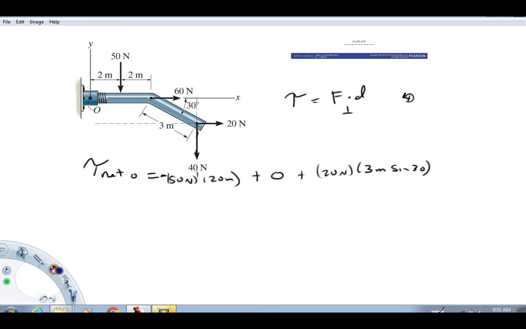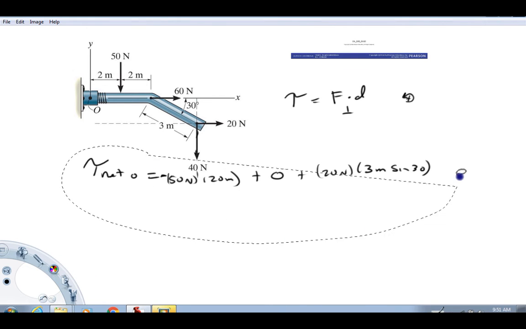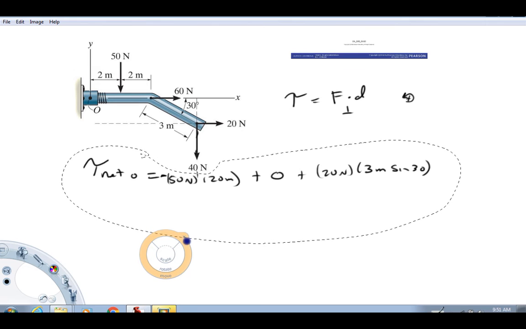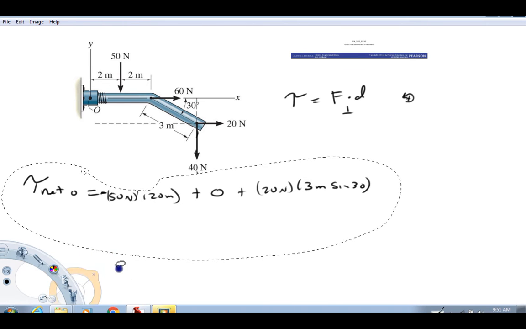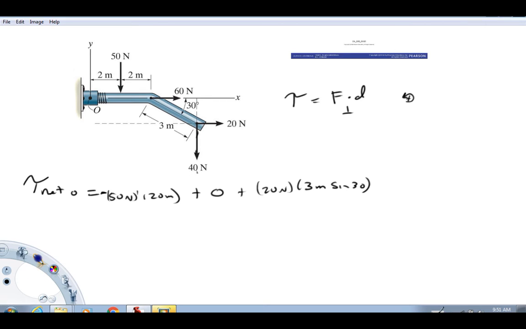Oops, I need to do this in black. And I need a little more room here, so I'll move this equation over a little bit. Okay. The next term is 40 newtons, this force, times this distance, which is 2 meters plus another 2 meters plus 3 cosine 30.